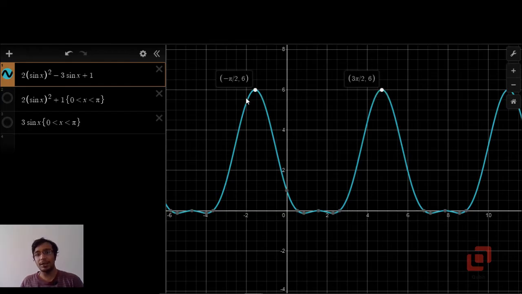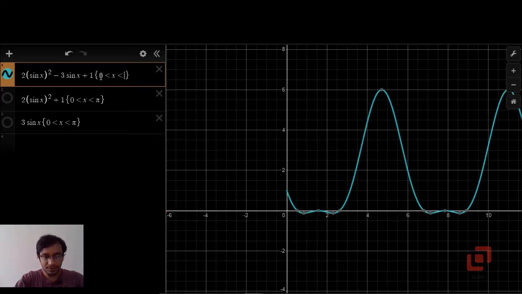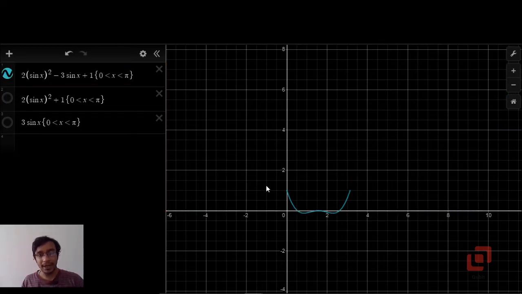This is 3 pi by 2 and this is minus pi by 2, and the distance between these 2 points is the subtraction of their x coordinates. So 3 pi by 2 minus pi by 2 is 2 pi, which means the fundamental period of this function is 2 pi. Fundamental means the smallest. Now let us again put the restriction.